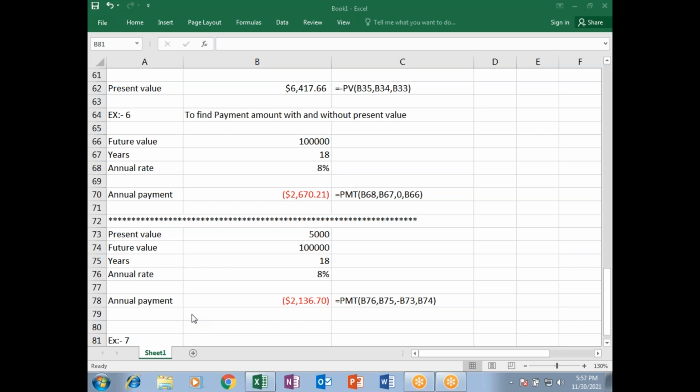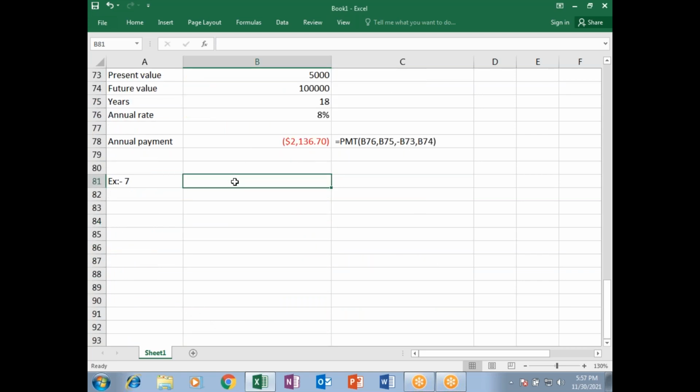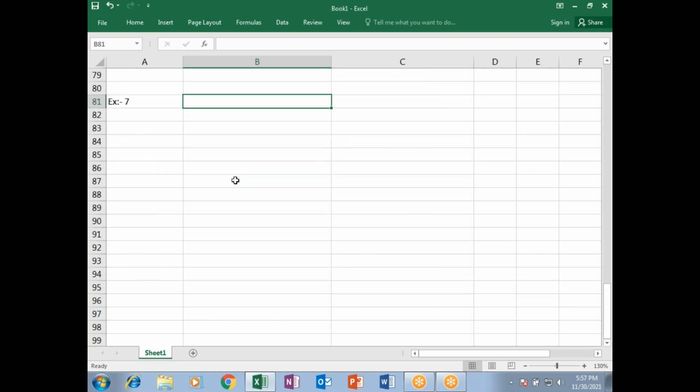So I'll do the next one. Now, solving the number of periods, which we have already done, but whenever I want to find out the number of periods for which I have the nest amount. For example, think that I'm retiring today.